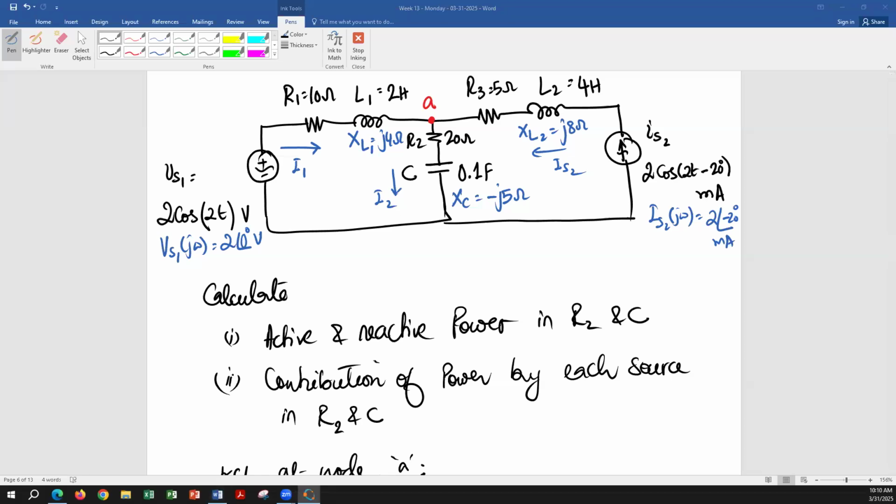So in my program, I'm gonna do that first. Z1 is R1 plus XL1, and Z2 is R2 plus XC, and Z3 is R3 plus XL2. So Z1 and Z2 and Z3.